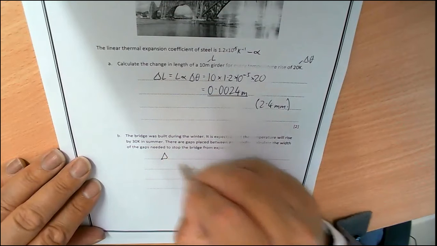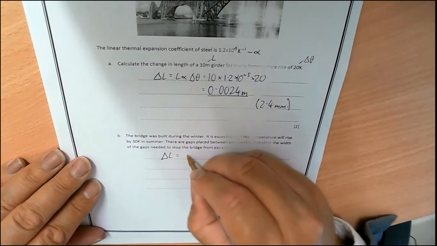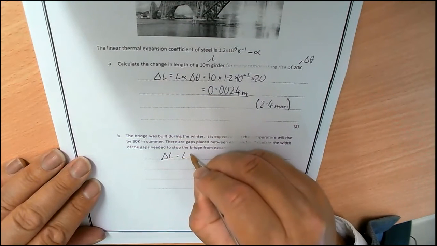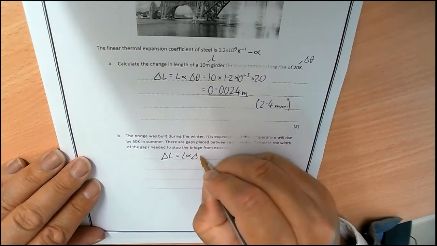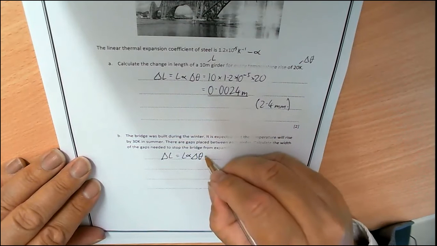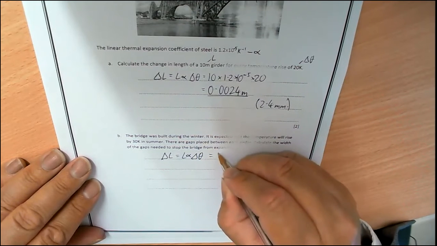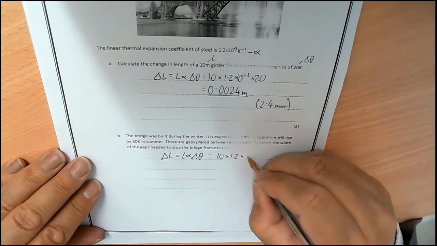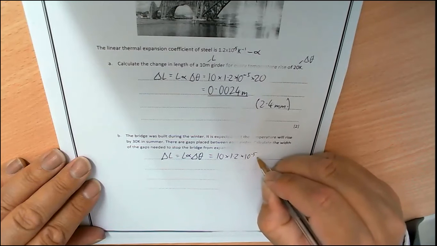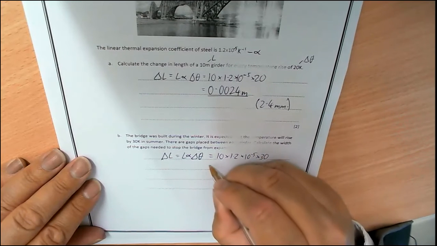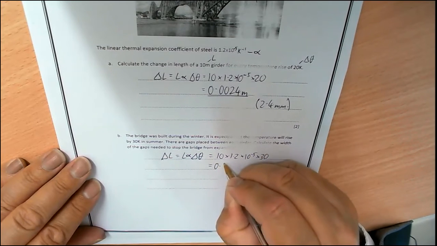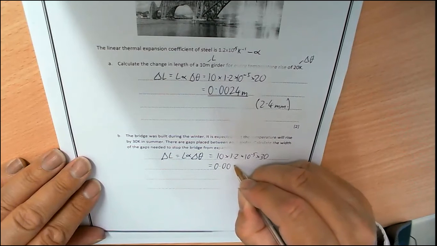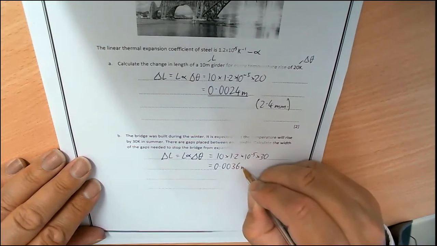So if we look at it for 20 Kelvin, so if we were to calculate it for a change of 30, that would give us 0.0036 meters.